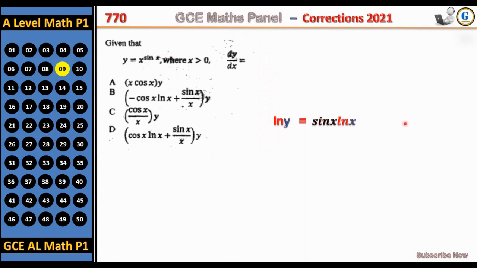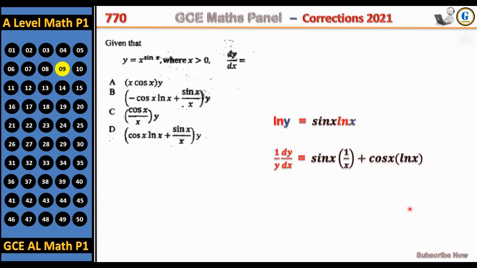We now differentiate both sides. When you differentiate ln y, you have 1 over y dy/dx, right? And that should be equal to, for the right hand side now, when you differentiate ln x, you have 1 over x, you hold sine x constant. You now differentiate sine x, you have cos x, and you hold ln x constant.